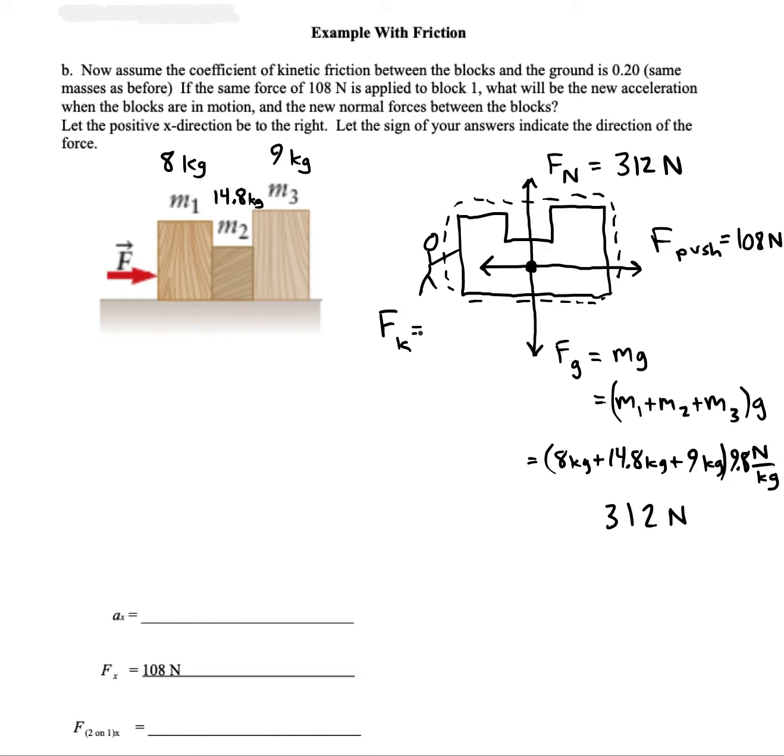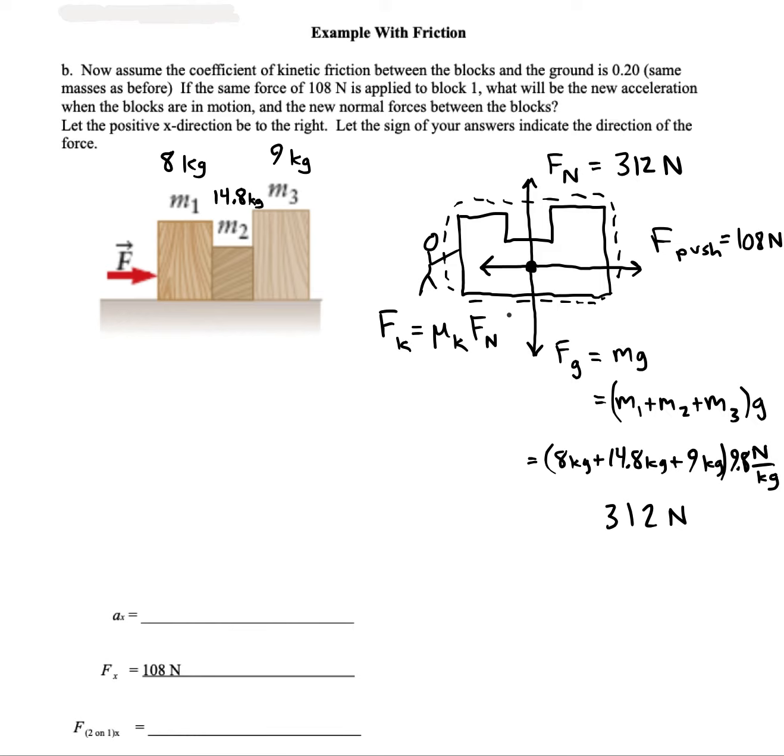And there's going to be a formula for calculating kinetic friction. You use what's called a coefficient of kinetic friction, mu k, times the normal force. Those are the things that are involved. So the mu k is just a property of the materials involved and how they interact, like wood and some kind of tile.